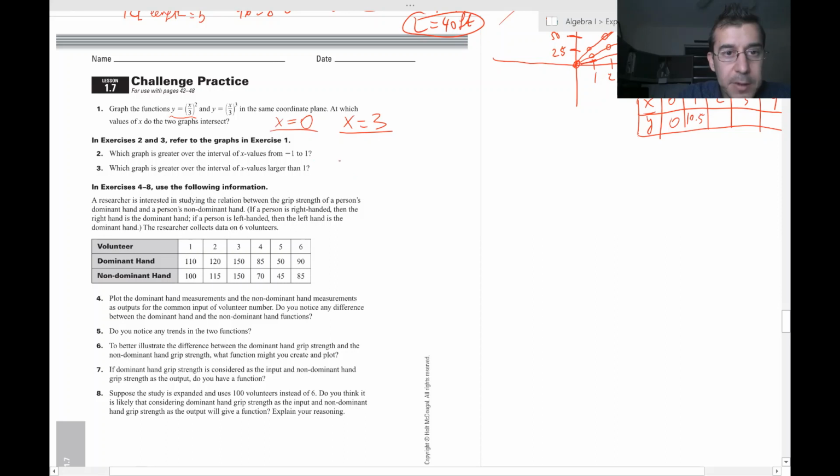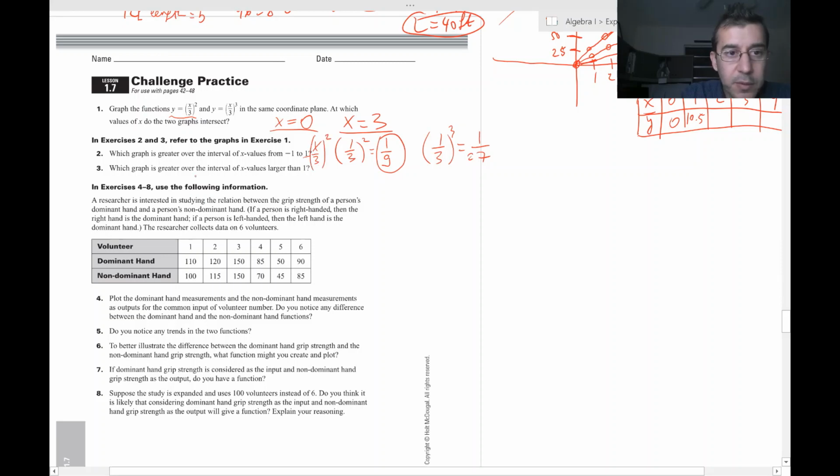So let's say it's 1, so the first one is going to be 1 over 3 squared, or that's 1 over 9. The other one would be 1 over 3 cubed, or that's going to be 1 over 27. So 1 over 9 is bigger. So which graph is greater? It's going to be the first one, or (x over 3) squared.